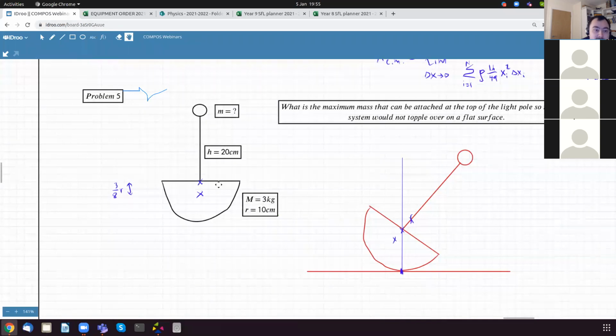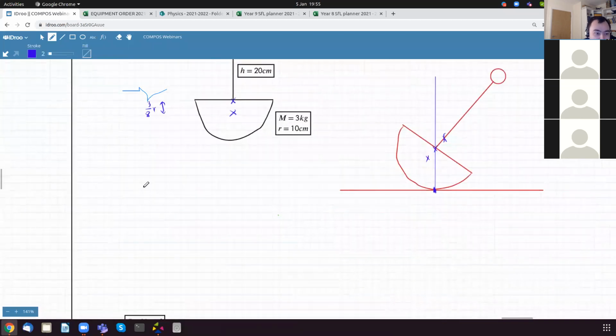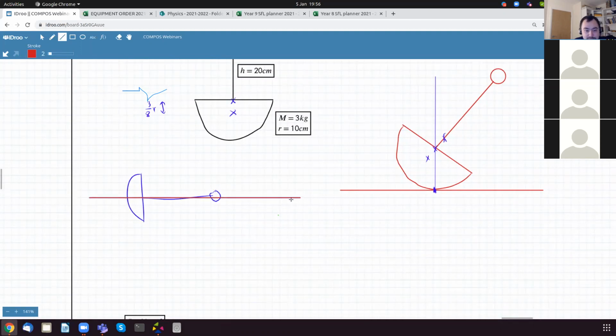Okay. So what I'm going to do is take this system and draw it sideways. Not very well, but what are you going to do? And I'm going to draw the x-axis here.